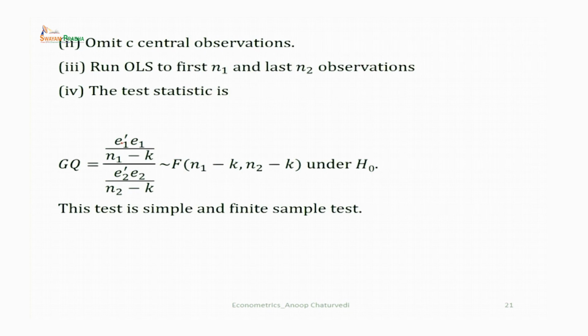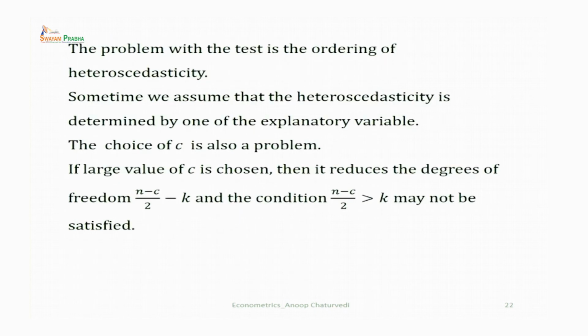So, the test statistic is e1 transpose e1 upon n1 minus k divided by e2 transpose e2 upon n2 minus k, and this follows an F distribution with n1 minus k and n2 minus k degrees of freedom under H naught. So, this test is quite simple and it is a finite sample test.